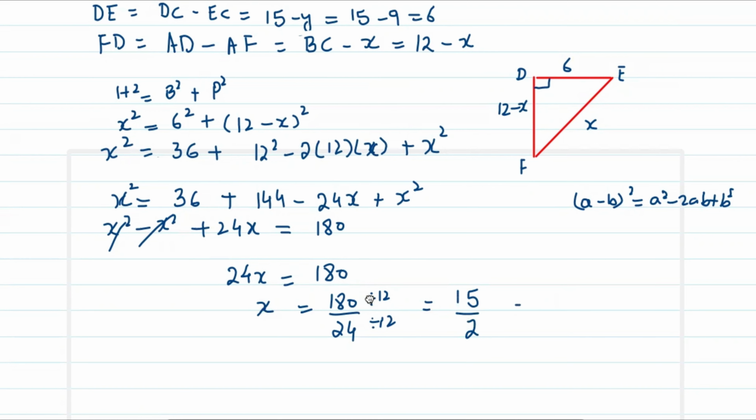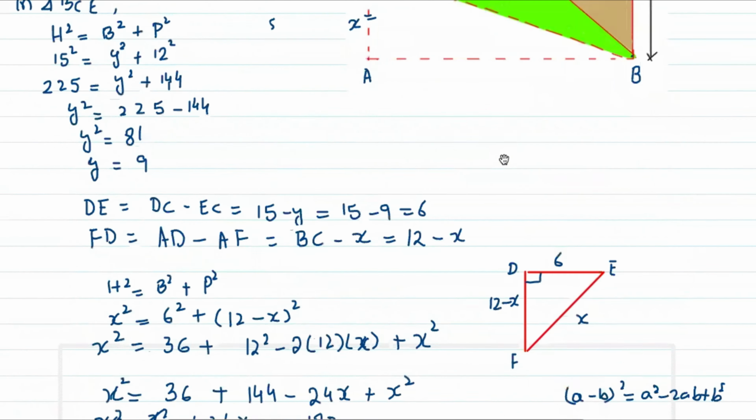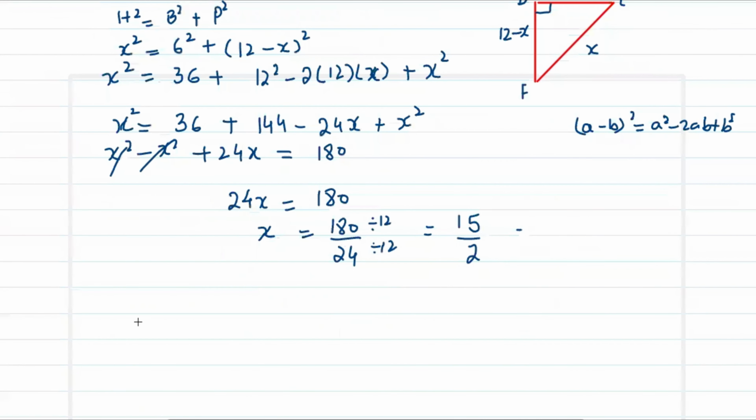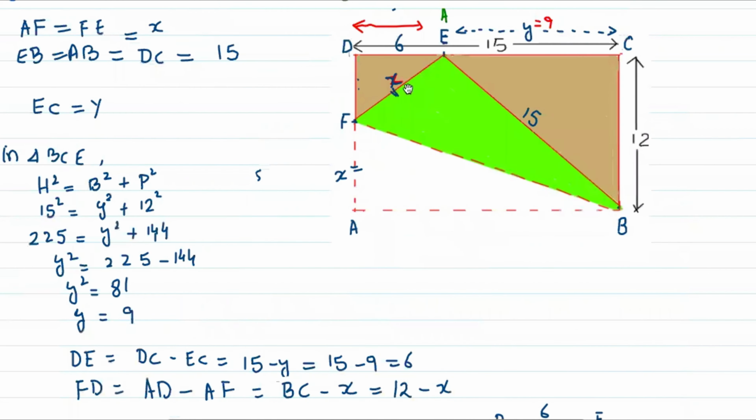Now we have to find the area of this green triangle FEB. The area of triangle FEB will be equal to 1 over 2 times base length multiplied by height. Now you see here this FE length is considered as base, then BE will be the height.